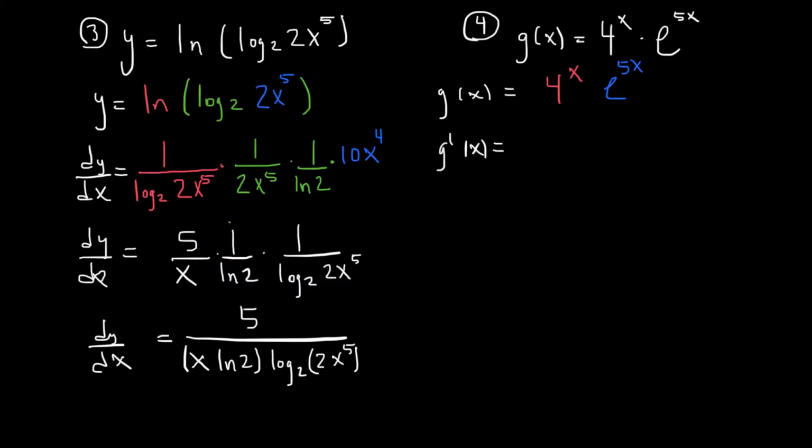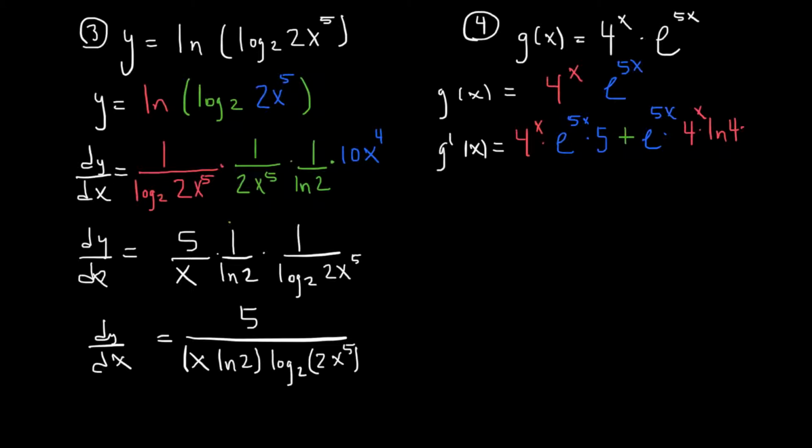And that one says the first times the derivative of the second, the derivative of e to a power, e to the same power, times the derivative of the power, and then plus the second, e to the 5x, times the derivative of the first, the derivative of 4 to the x, that is 4 to the x, times, correction factor because 4 is not e, times ln 4, and then if you want to, times the derivative of the power.